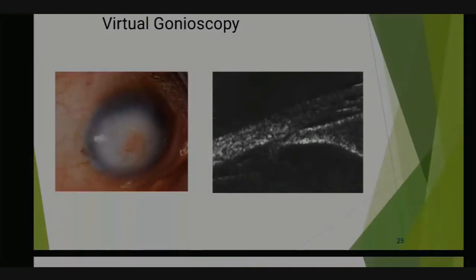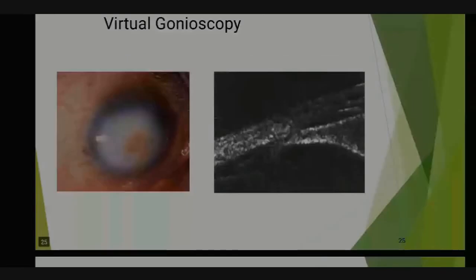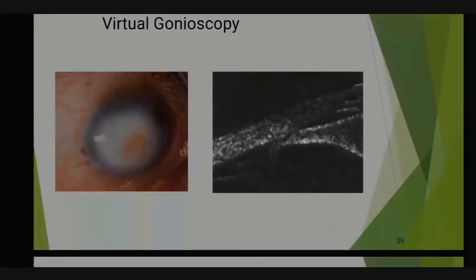Virtual gonioscopy in these cases: they surely ask for UBM to see how the angle structures are. Here you can see the iris, and you can see the peripheral anterior synechiae. How are the lens structures? Whenever they plan a PK, they will mostly ask to see how the PC is, because when we do PK, the posterior things should not affect the graft, right?